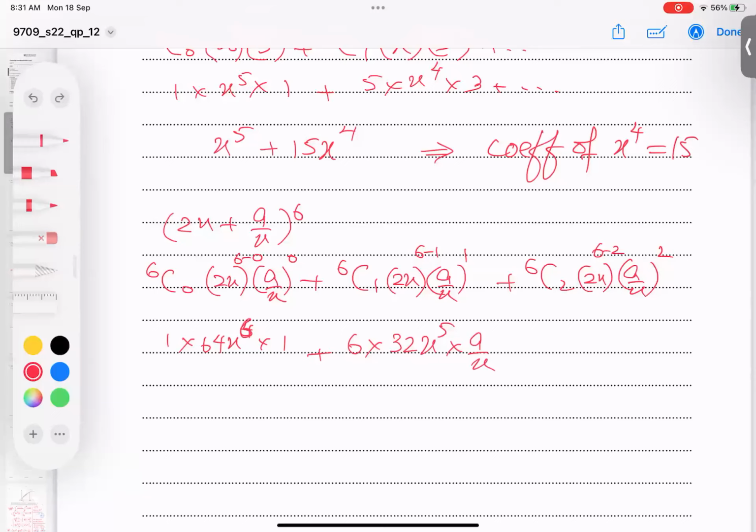So it means I'm going correct. Okay, 6C2 is 15, and 2 to the power 4 is 16, and x to the power 4 I'm writing as it is, into a squared and 1 over x squared, and it continues.